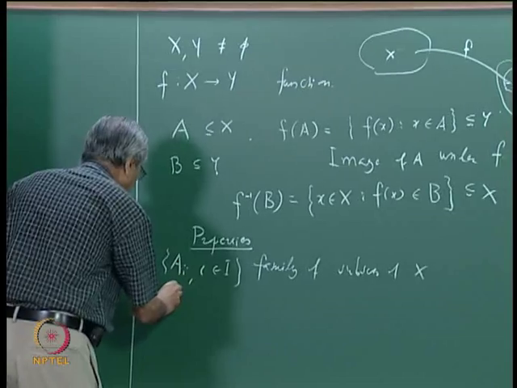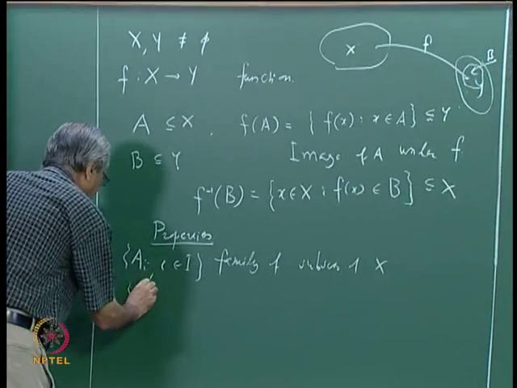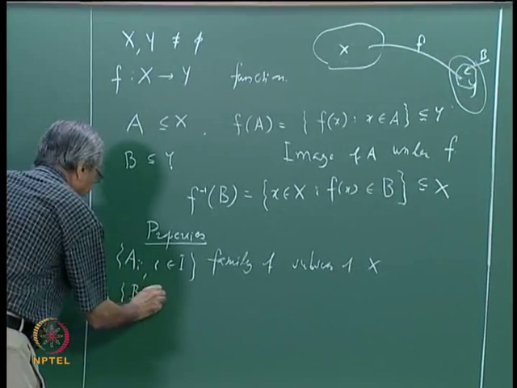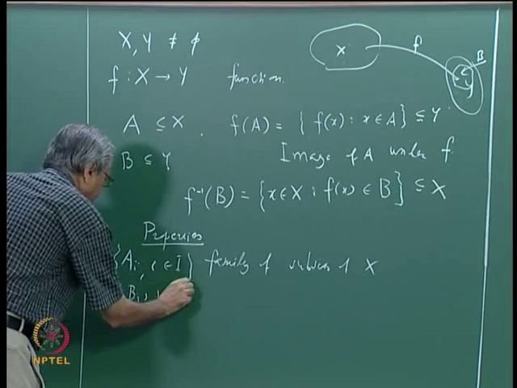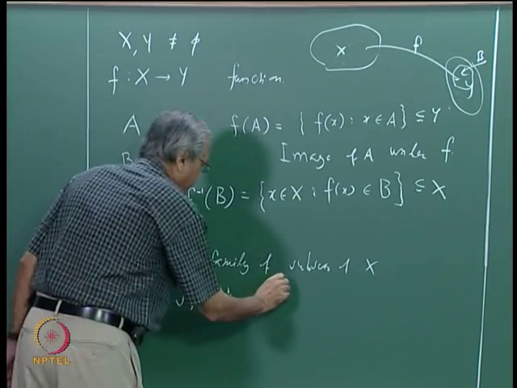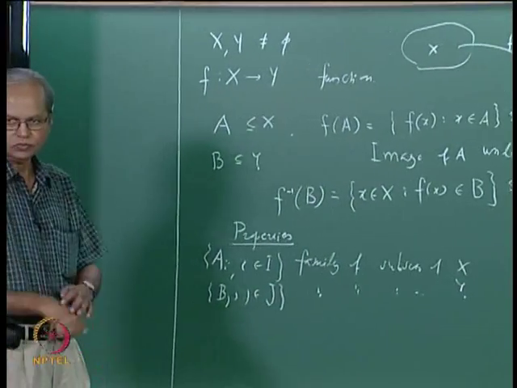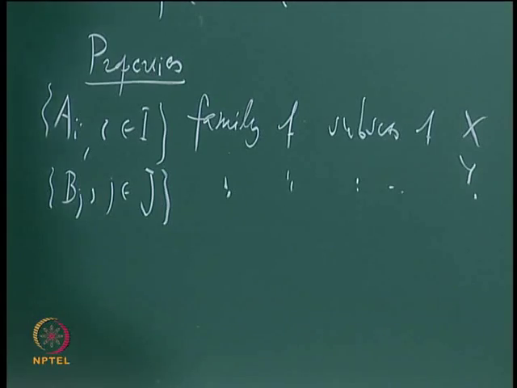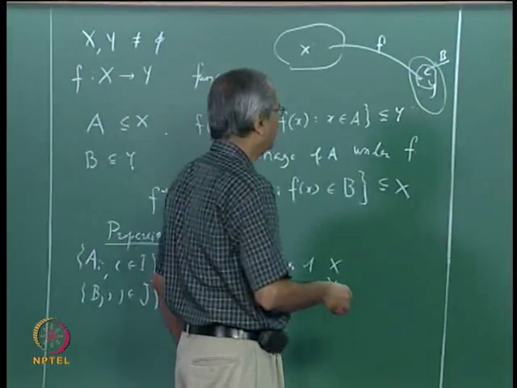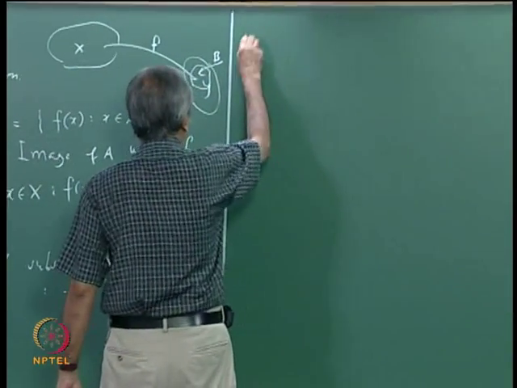And similarly, let us say B_j, with j belonging to big J, is a family of subsets of Y. Then properties that I have in mind are the following. Let me just state some of these properties.